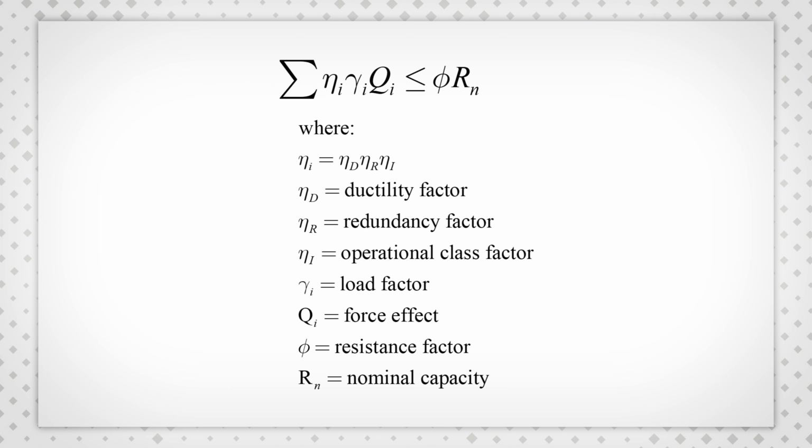In equation form, these curves are represented as demand on the left and capacity on the right. Demand is found by multiplying the force effect Q sub i by ductility, redundancy, operation, and load factors. Capacity is found utilizing principles of mechanics of materials multiplied by a resistance factor. This equation forms the basis of all structural design.